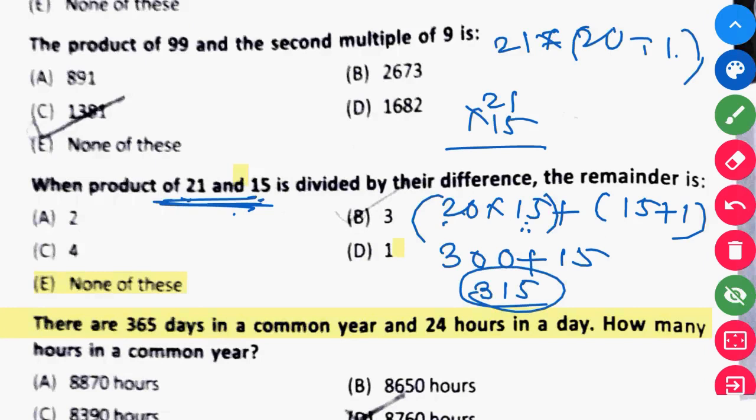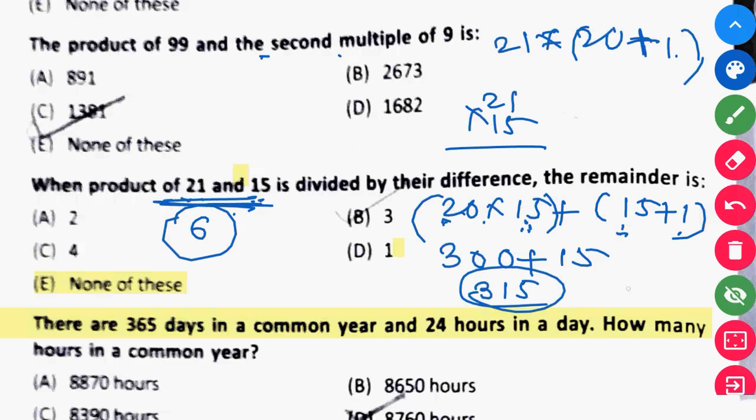Okay. Now what is the difference between 21 and 15? 6. 21 is equal to 20 plus 1. So I multiply 20 by 15 and 1 by 15 and then add them, as I had divided in the previous example, because 100 minus 1 is 99.